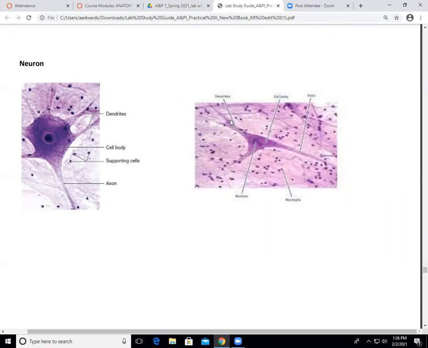Here's your cell body. You have one long axon that sends information. Dendrites are receiving information. You have lots of those. And again, you have all these supporting cells, neuroglia, around it. All these other cells are neuroglia.